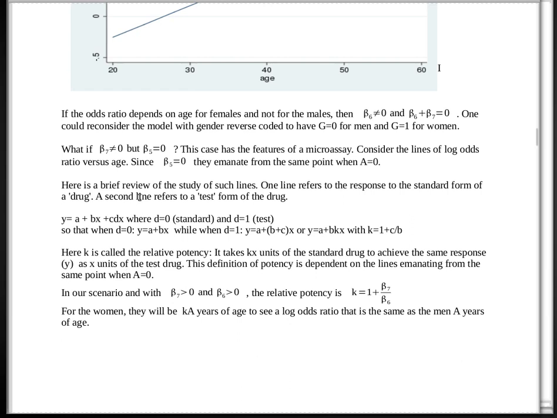And I'll leave this for your review, but for our discussion here, if in fact this scenario occurs, and beta 7 is not 0, but beta 5 is 0, then we're going to be in a position to say that for the women, they will be Ka years of age to see a log odds ratio that is the same as the men that are A years of age. Oh, that's this idea of relative potency.